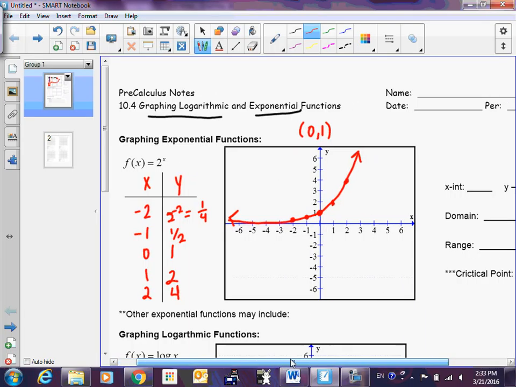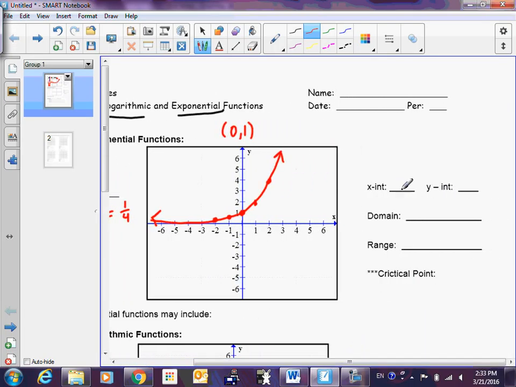All right, so let's look over here and let's answer some of these questions. Okay, first of all, x-intercept. Does this thing even cross the x-axis? No, so there's none. All right, what about the y-intercept? 0, 1. We'll write it as coordinates of points. What about the domain, thinking left to right?